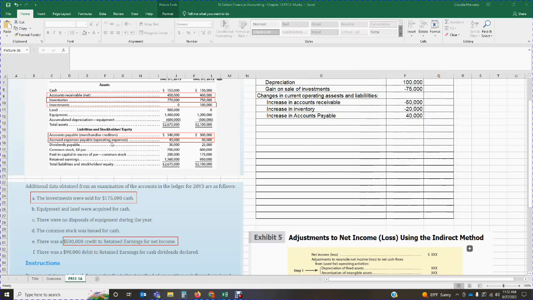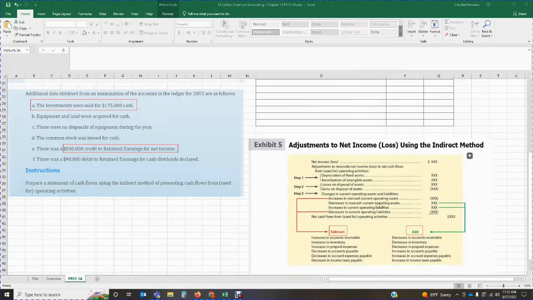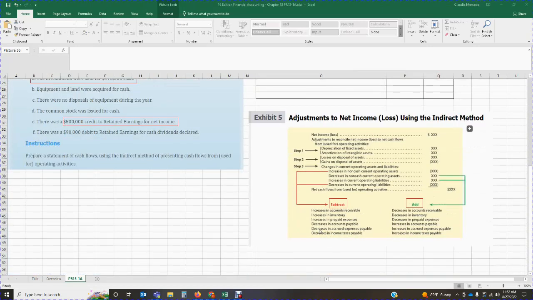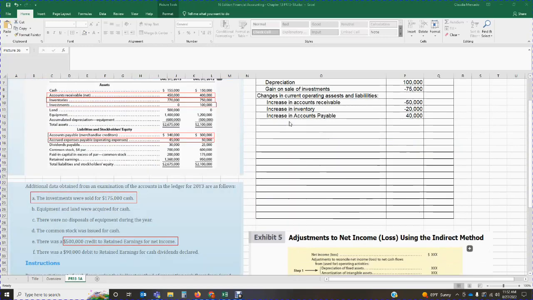If I have a decrease in accrued expenses payable, I am going to subtract. Decrease in accrued expense payable, we subtract, and we have $5,000.